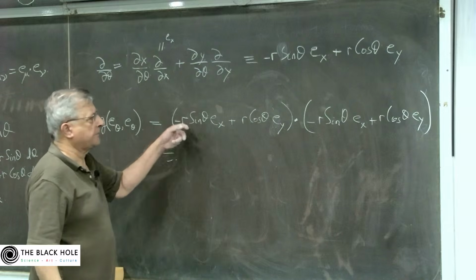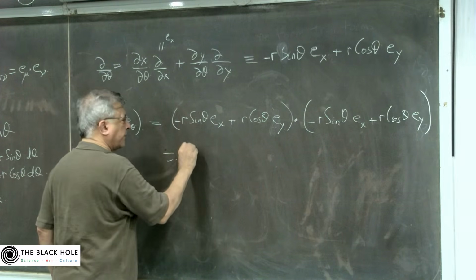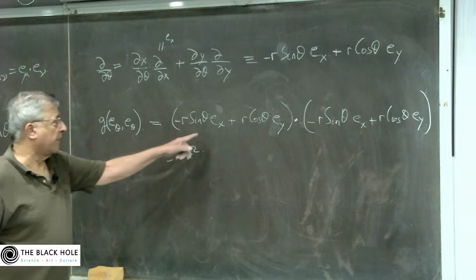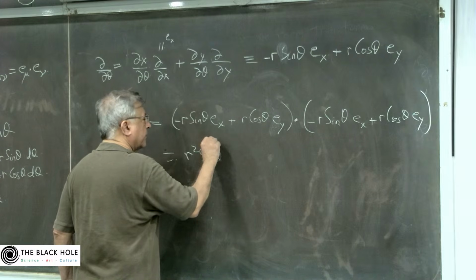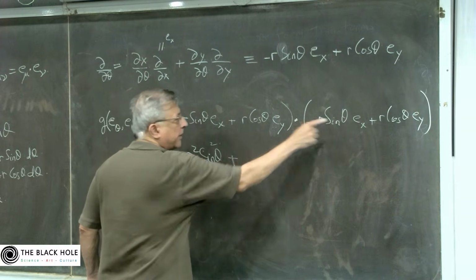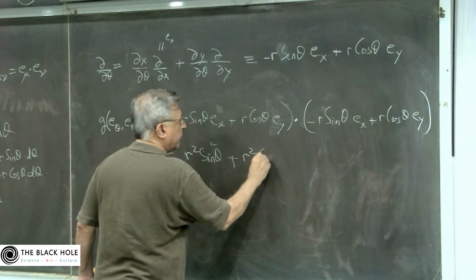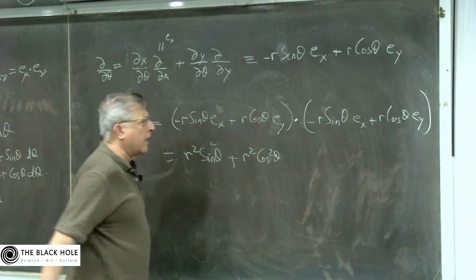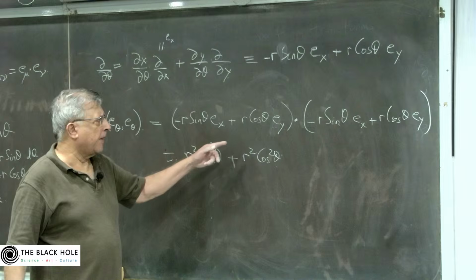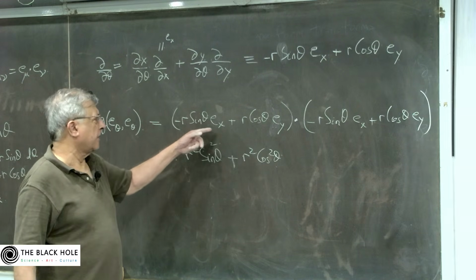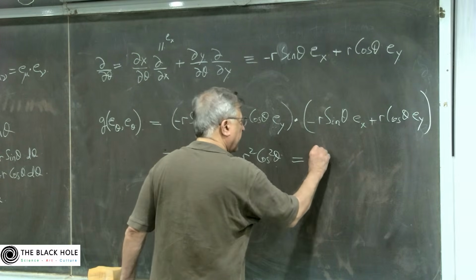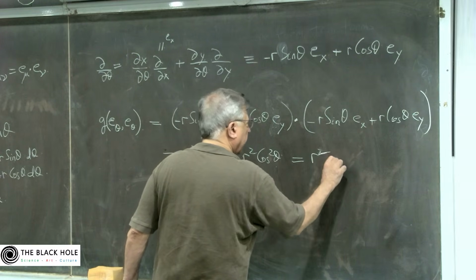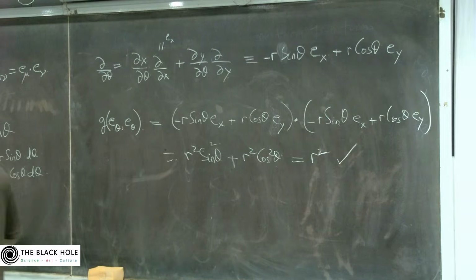Well, that's r squared sine squared theta. And then from here, r squared cos squared theta. And Ex dot Ey is 0, so this is equal to r squared. Now that's exactly the same as this. Let's check the others.